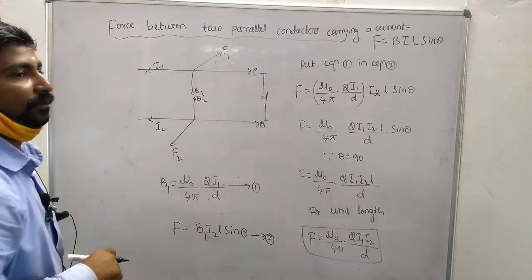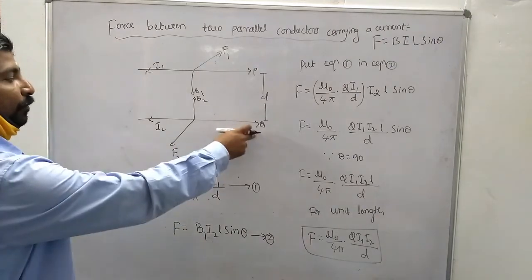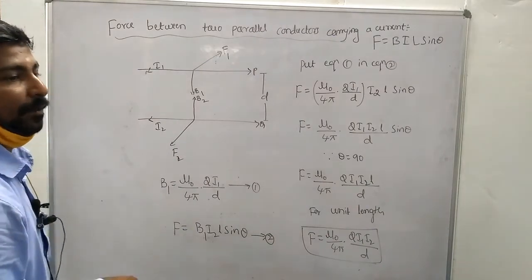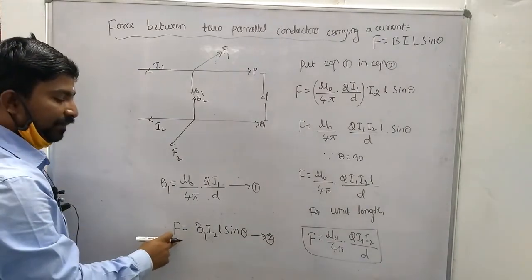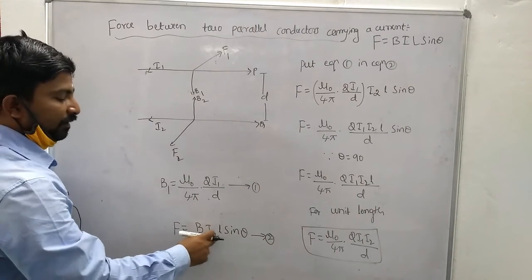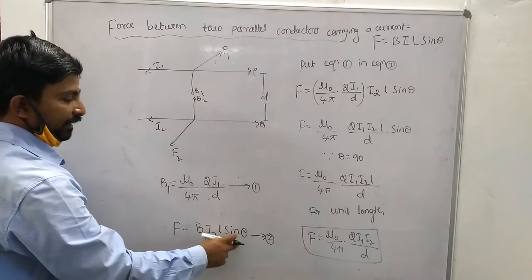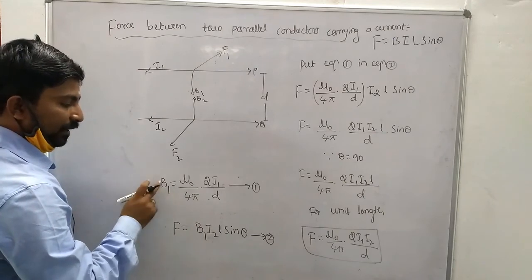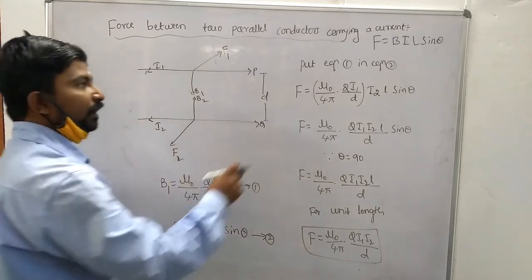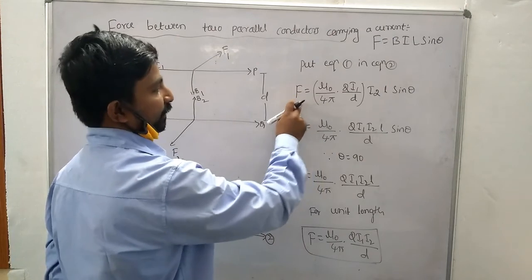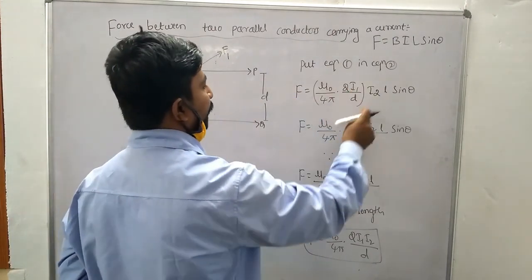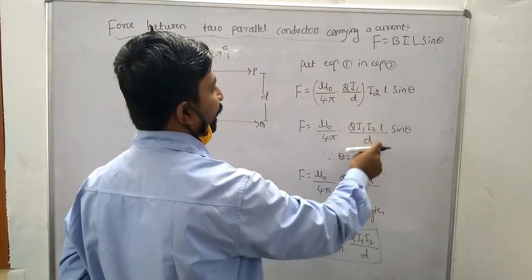The conductor Q carrying a current I2 will experience the magnetic force. Therefore you can write F is equal to B1 I2 L sin theta. So this is equation number 2. Put equation 1 in equation 2, then we will get this equation. Then rearrange: mu naught by 4 pi multiplied by 2 I1 I2 L by d into sin theta.